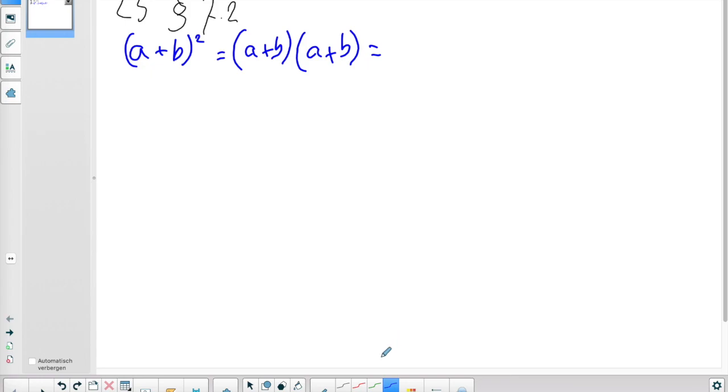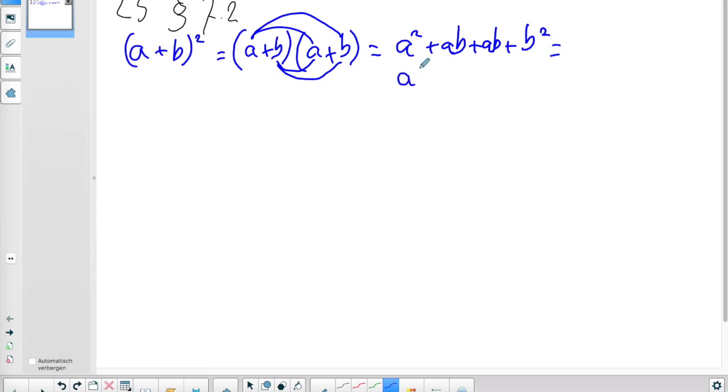By solving this, it's a times a is a squared, a times b is ab, b times a is ab as well, because we always write it in alphabetic order, and b times b is b squared. So simplified, we can say a squared plus 2ab plus b squared.